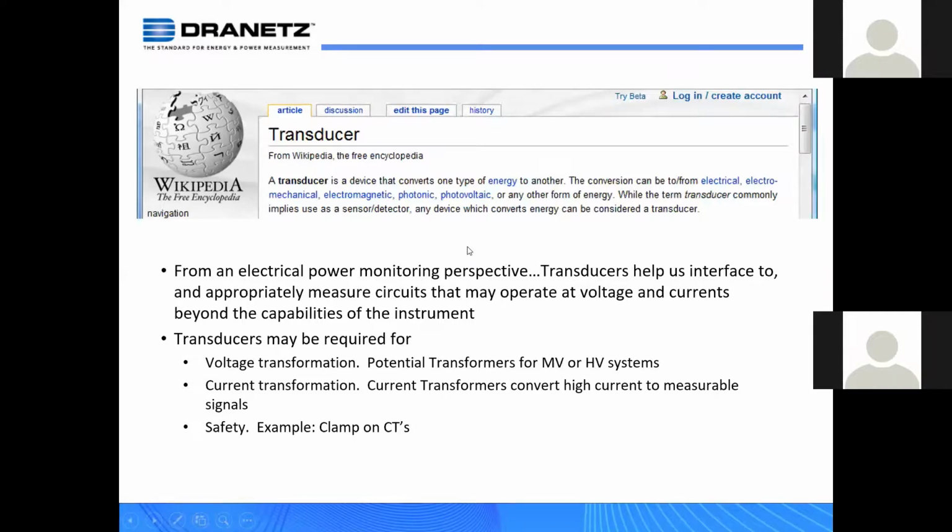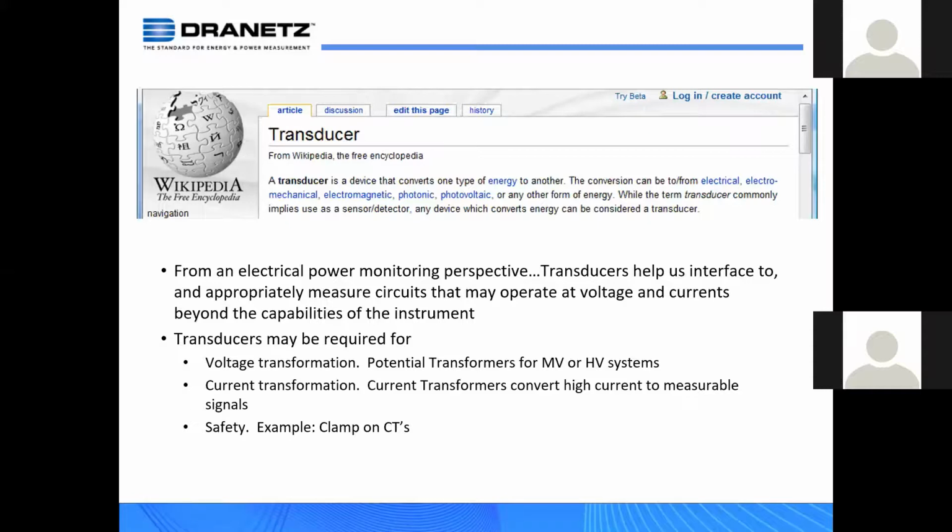So when you look in Wikipedia for what a transducer is, in our world, just to describe it, a transducer helps you take something that is not directly measurable by our instrument and converts it into a signal, a voltage or a current, that is directly measurable by our instruments. So from a voltage perspective, that may be a PT or a voltage divider.